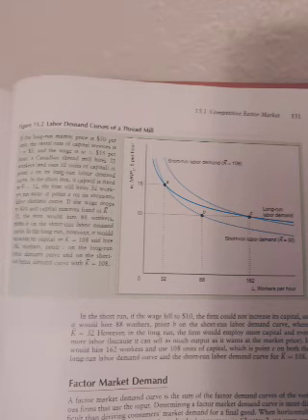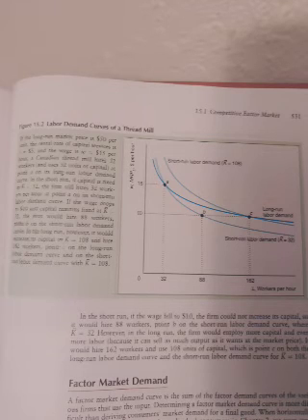On the short run labor demand curve, where capital is fixed at K bar equals 32, the firm hires 32 workers per hour at wage W equals $15.